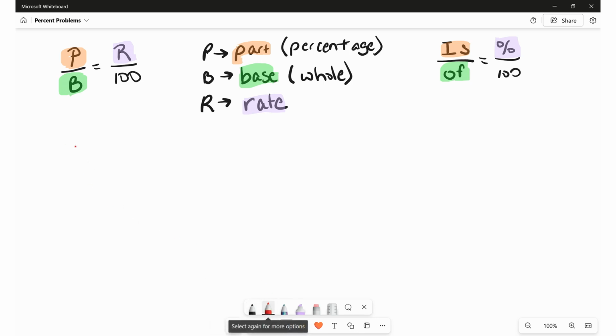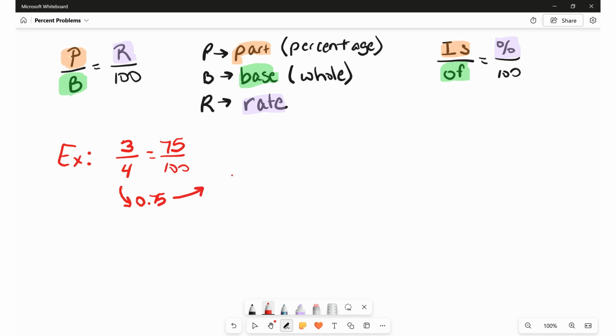So here's just an example of what this looks like. Okay. If we have 3/4, that is the same as 75 over 100. So from the lesson on Introduction to Percents, we learned how to take our fraction. So the fraction becomes the decimal, which becomes the percent.